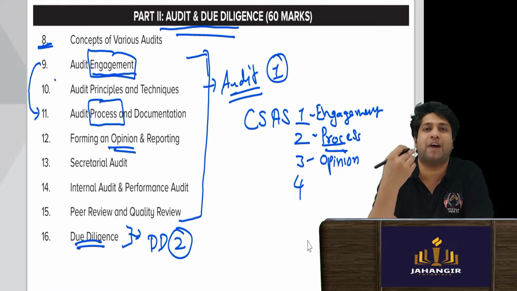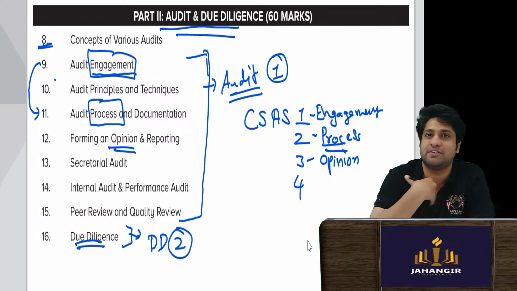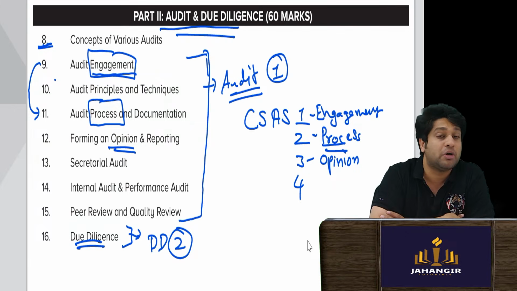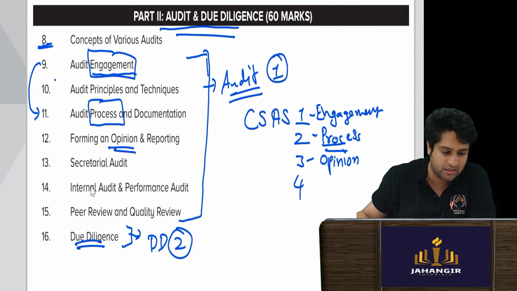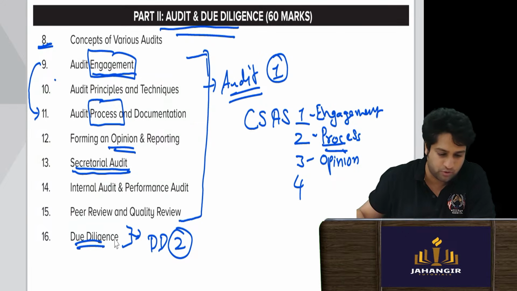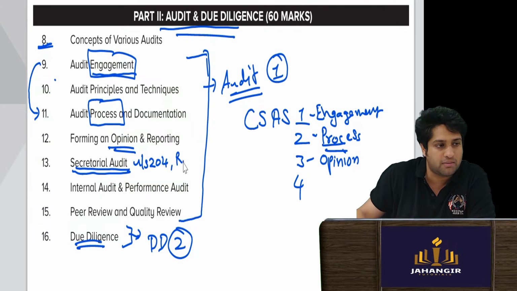And why are they teaching us all this? Because all the auditing principles even a company secretary needs to know, because we are also auditors. We are secretarial auditors. So as per Section 204, obviously this is what we need to know. In Section 204, you also need to know Rule number 9.